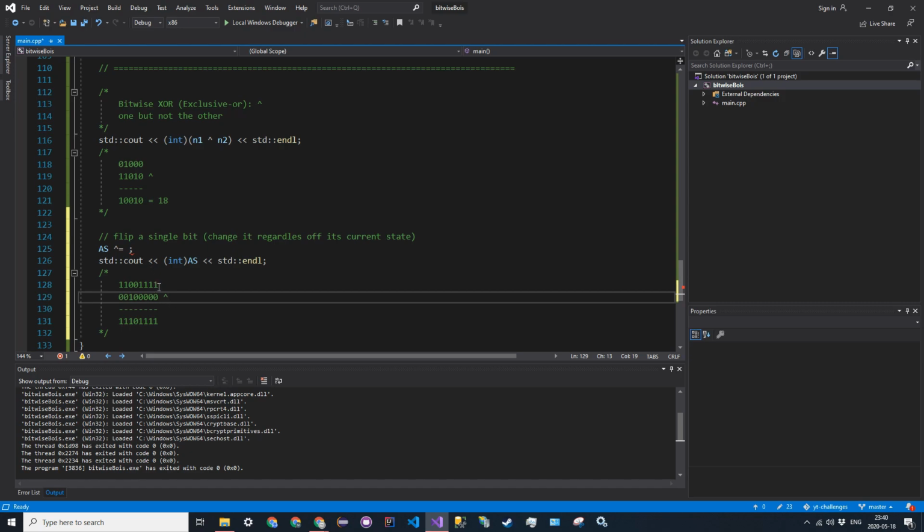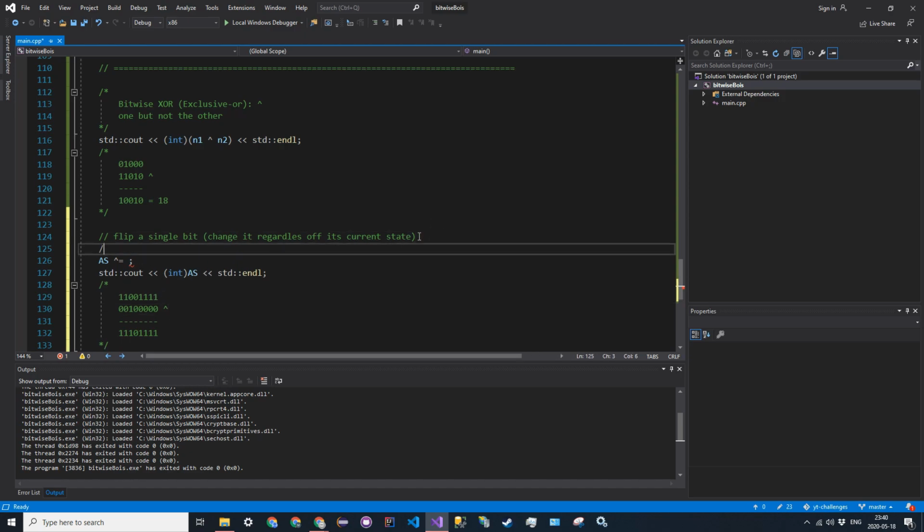And essentially how this works is if you XOR a bit with 1, it just switches it no matter what, because 0 XOR 1 is 1, 1 XOR 1 is 0. So that's how that works. And then you just do the others with 0, which returns the original.